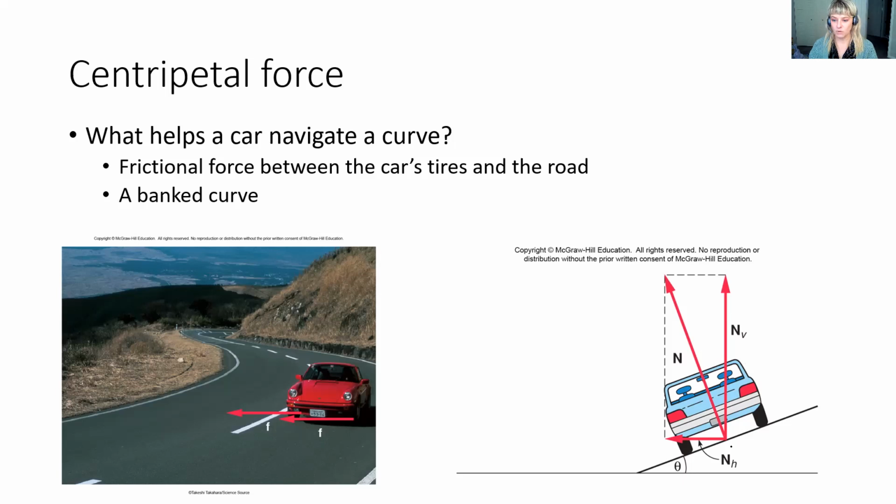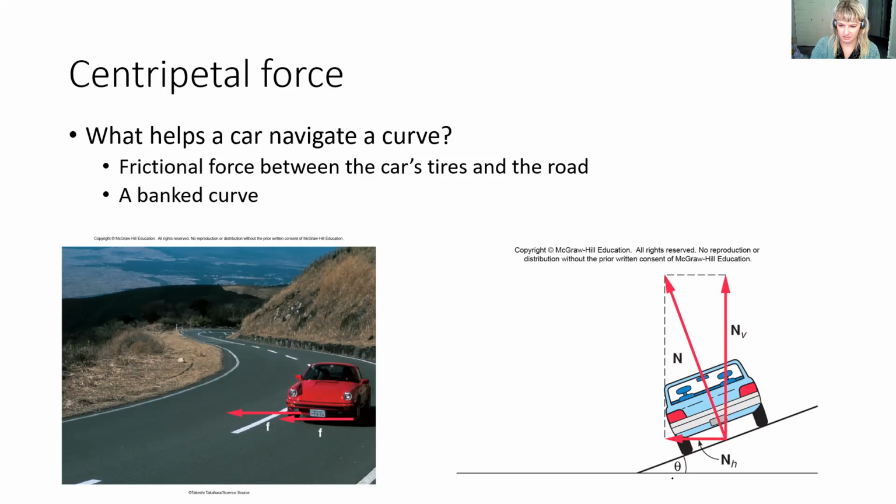This is showing the normal force from the road acting on the car. It points perpendicular to the surface. That's this one right here. And if I break that normal force up into its vertical and horizontal components, notice that the horizontal component could also be a force that helps a car go around the bend.